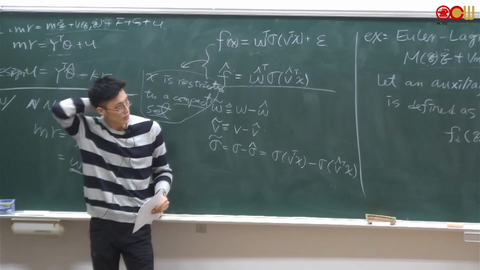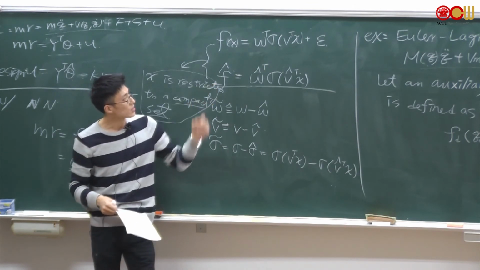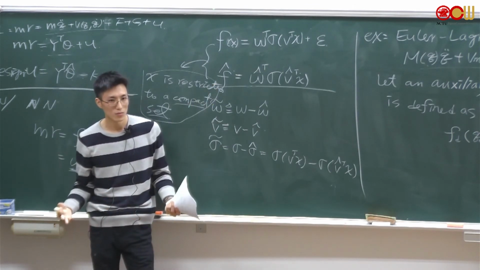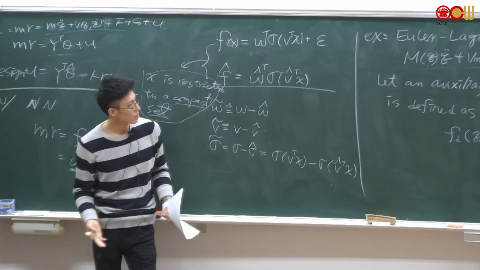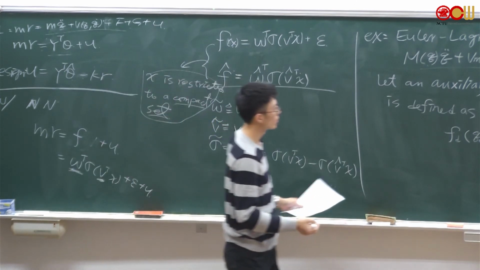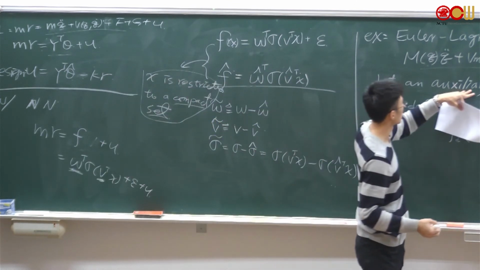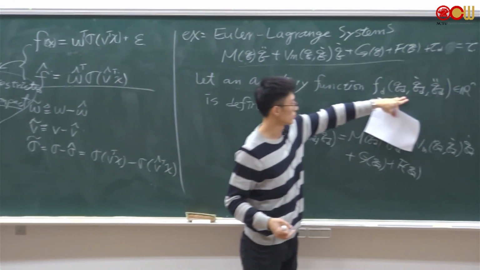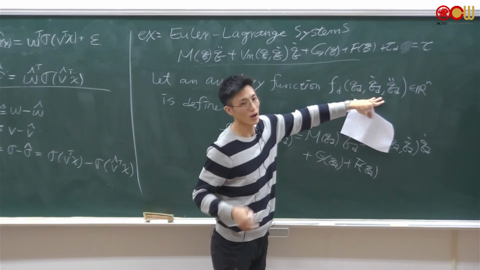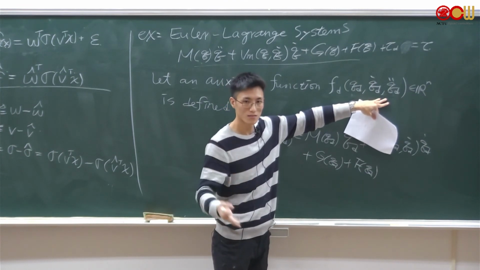But here comes the problem, right? x is the state. How can we show that x is bounded before the proof? We can't, right? So that's why we design an auxiliary function that is a function of the desired trajectory, because desired trajectories are bounded, in a compact set.